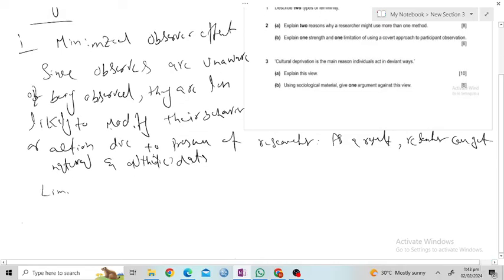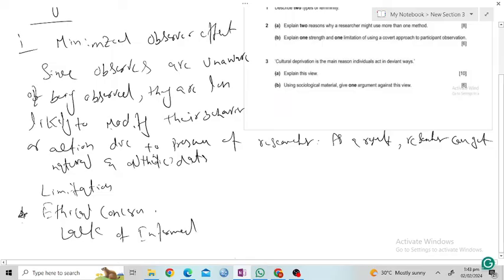Now, the limitation we can give is ethical concern. The lack of informed consent may raise an ethical dilemma.